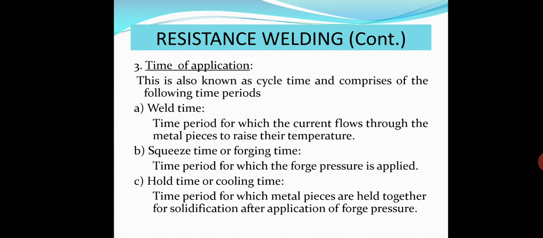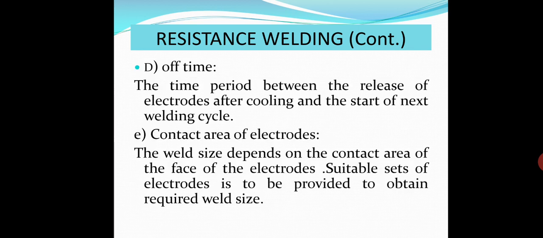Third one is hold time or cooling time. This is the time period for which the metal pieces are held together for solidification after application of forge pressure. Next is off time. Once it is solidified, the electrodes are released.